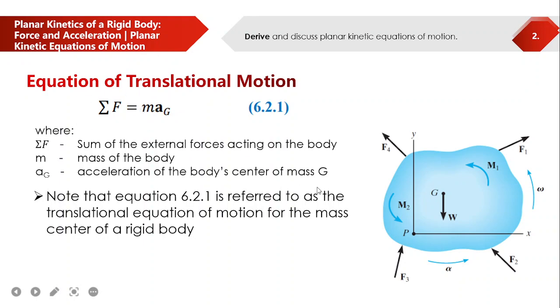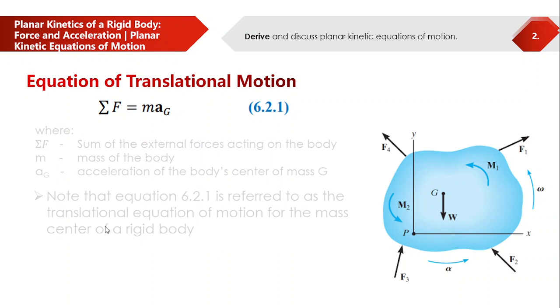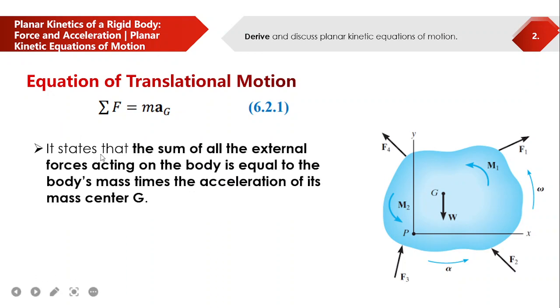It states that the sum of all the external forces acting on the body is equal to the body's mass, M, times the acceleration of its mass center G.